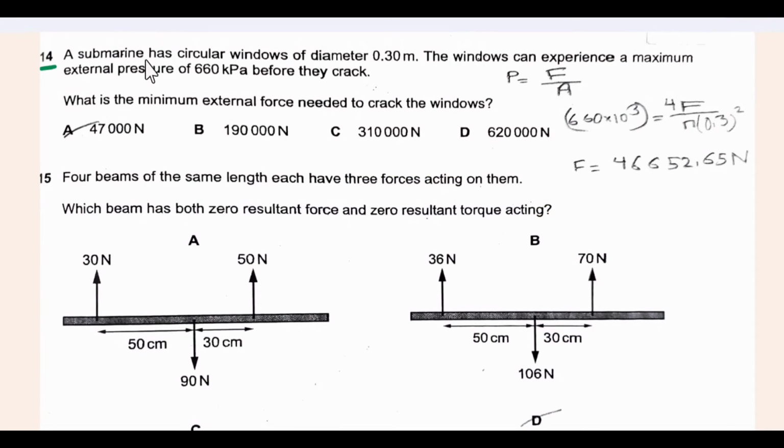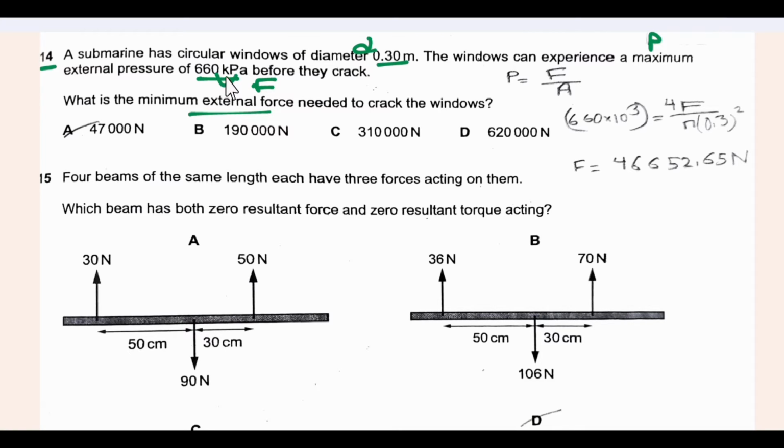Number 14. A submarine has circular windows of diameter 0.30 meter. The windows can experience a maximum external pressure of 660 kilopascals. So we have the value of pressure and the diameter before it cracks. What is the minimum external force needed to crack the window? So we need to find the value of force.